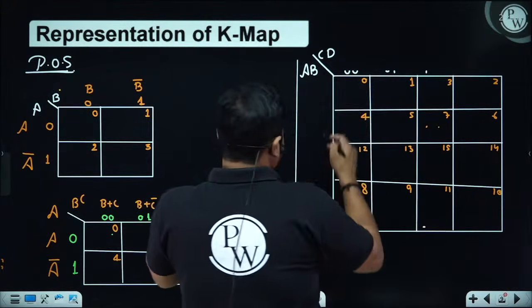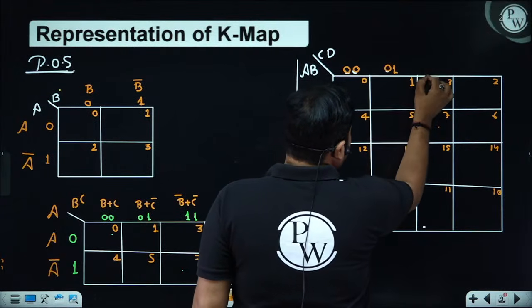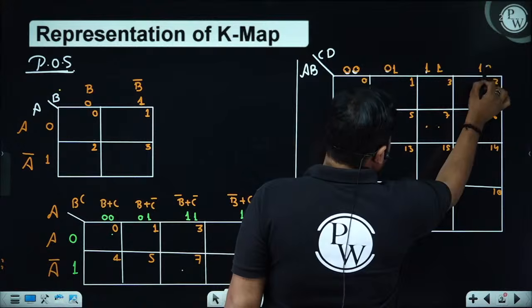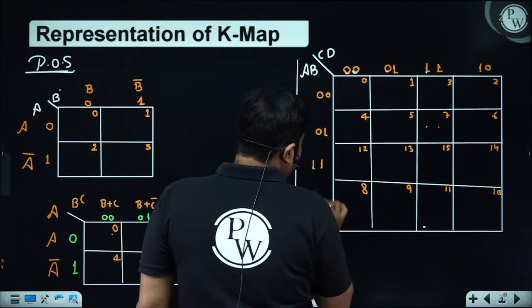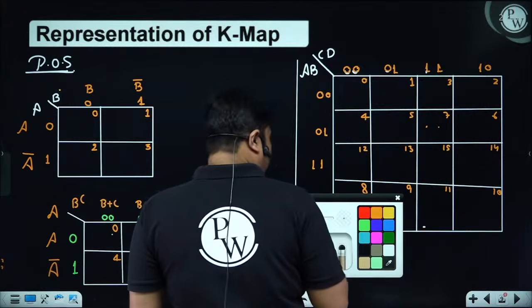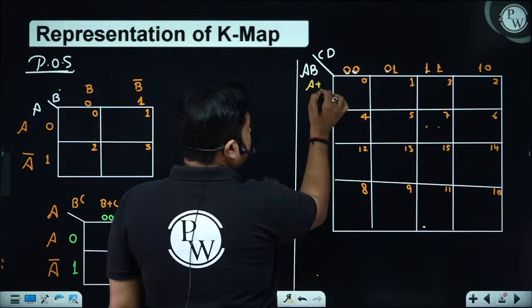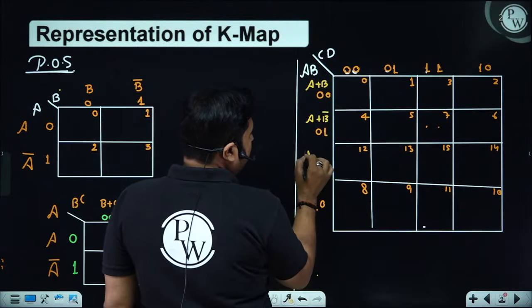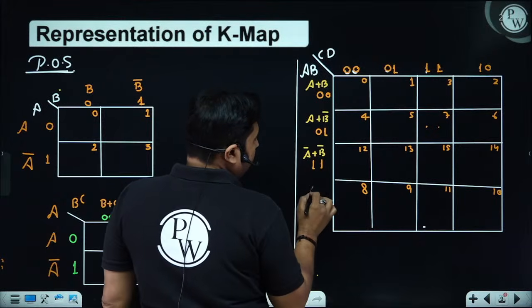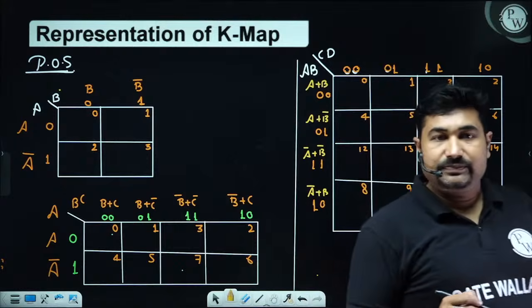In the same way, for 4 variables, we have 0 0, 0 1, 1 1 and 1 0, and likewise 0 0, 0 1, 1 1 and 1 0. So in POS, each sub block is representing a max term. So we will represent A plus B bar, A bar plus B bar, A bar plus B. Already I have discussed POS.